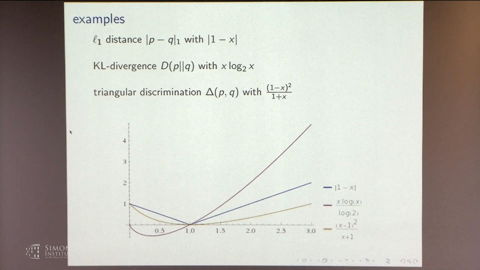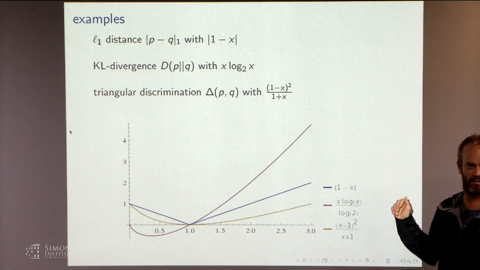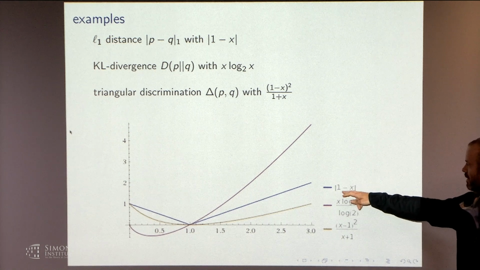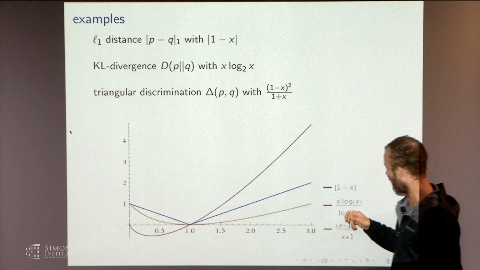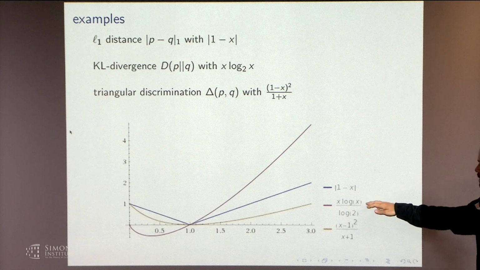It's very easy. The first one is the L1 distance. The x log x function is KL divergence, which is information theory.